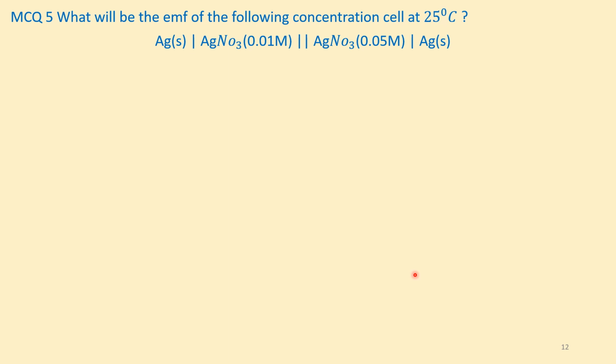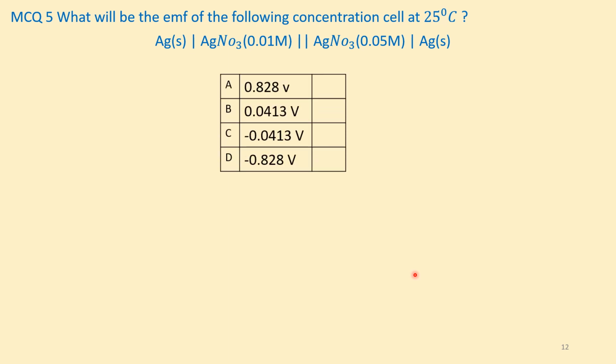Here, because it is a concentration cell, the electrodes in both half cells are the same, the electrode and reactants are the same, but the concentration differs. Four options are given: 0.828 volts, 0.0413 volts, minus 0.0413 volts, and option D is minus 0.828 volts.